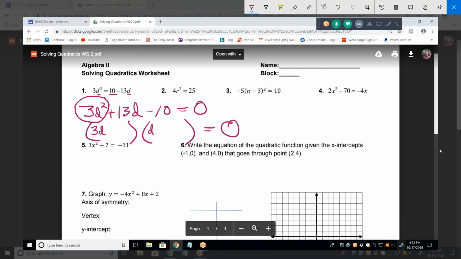The first thing you do in FOIL is multiply those two terms together, right? And you get that. And there's no other d squareds that are going to come in. That first term in the quadratic is always a result of the F from the FOIL. Okay?